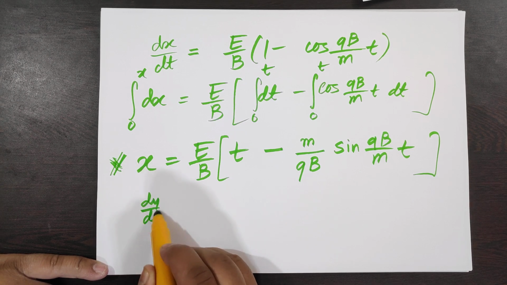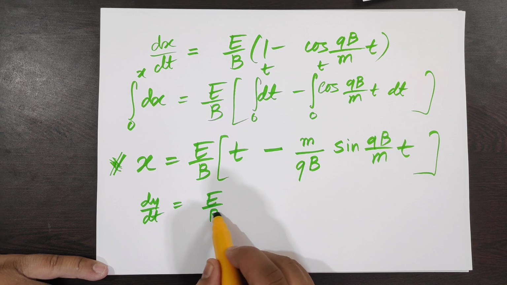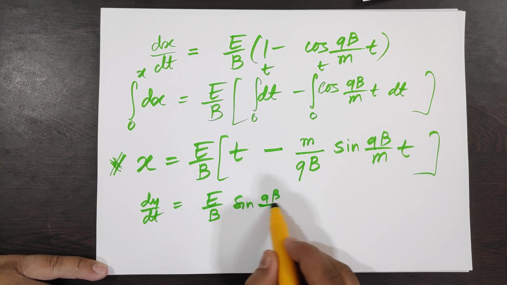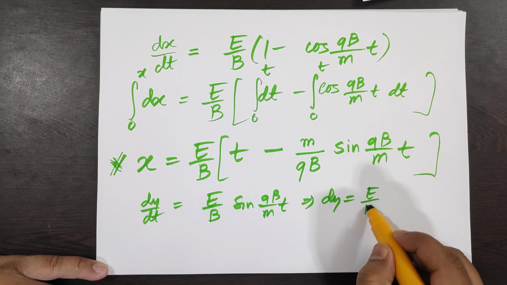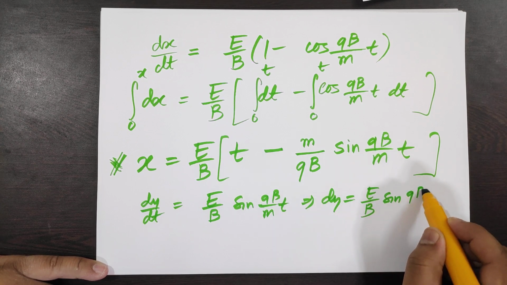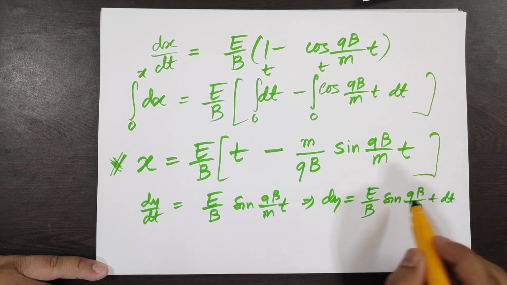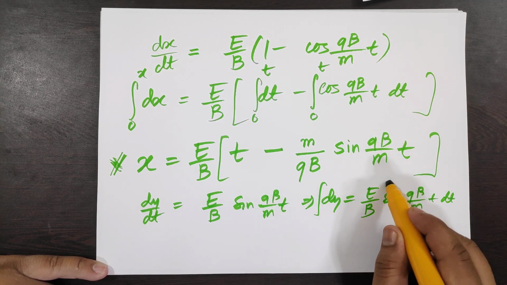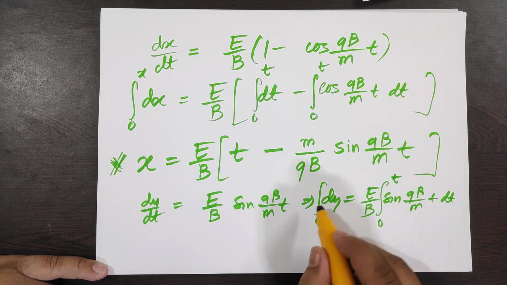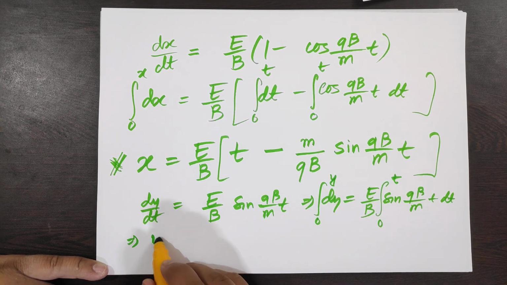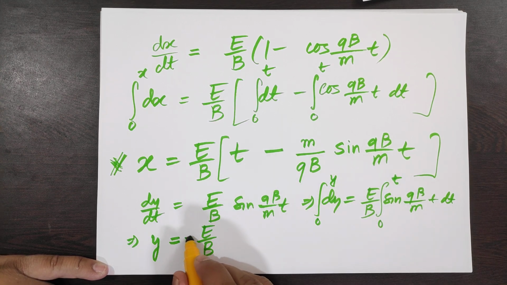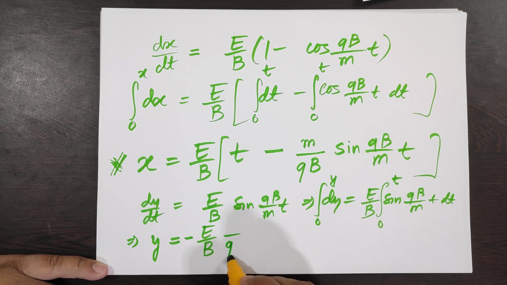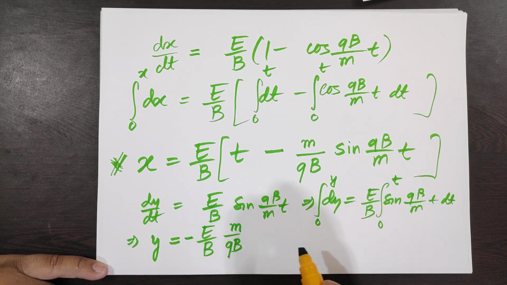And we can find out the y coordinate. dy/dt equal to this E by B sine qB by m t, implies dy equal to E by B sine qB by m t times dt. So there 0 to t, and here also 0 to y. So y is equal to E by B, here sine, so you get a minus sign. So there you get qB, there you get m, so there you get cosine.